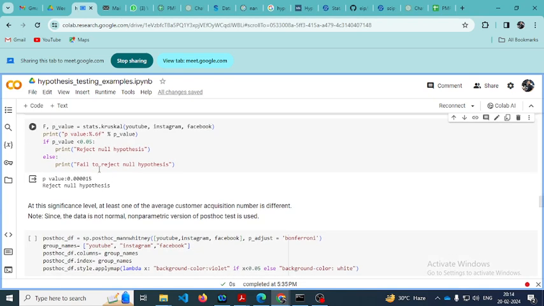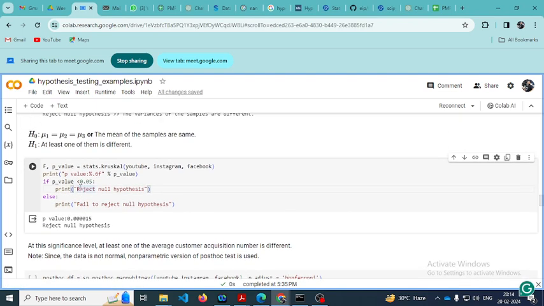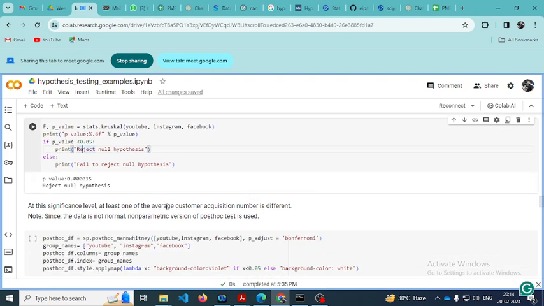Based on the Kruskal test, this is rejected. So the conclusion is that at least one of the platforms has a different acquisition of customers.